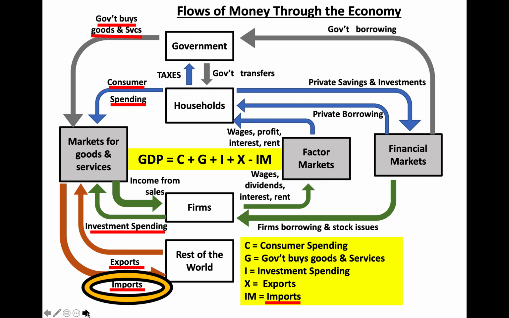So now with this exports and imports, if we import more than we export, well, regardless, we have to subtract how much we import from how much we export. Okay? And we'll see that calculation in a little bit. So our gross domestic product, measuring the way we're doing it here, is consumer spending plus the money that the government spends, plus investment spending, plus our exports minus our imports.